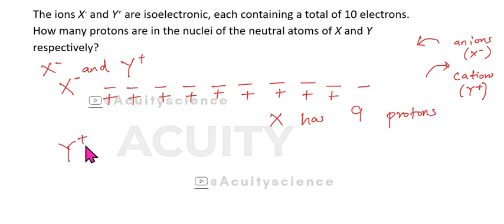Y plus. Now we're told that they are isoelectronic. This word means having iso, like isotope, isomer, isoelectronic. Anything iso has to do with being the same. They have the same number of electrons, and we're told 10. So we'll still make 10 electrons here. 1, 2, 3, 4, 5, 6, 7, 8, 9, 10. Now, there is one extra proton.